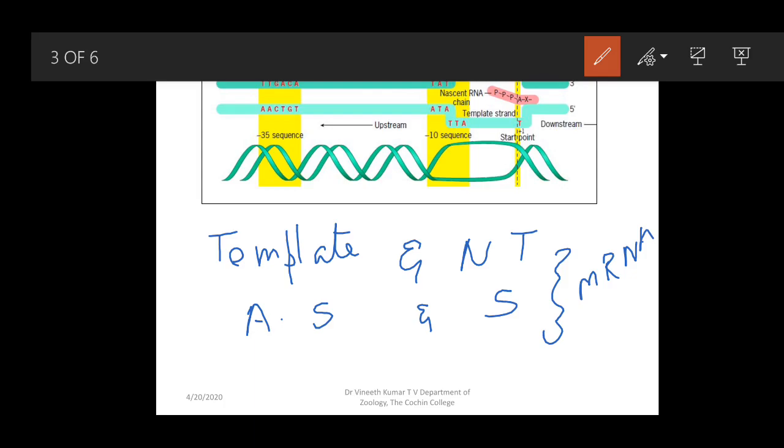And the next was, this is called the non-coding strand, and this is called the coding strand. So the coding strand, sense strand, and non-template strand have a DNA sequence which is similar to that of the mRNA, and hence they are termed sense and coding strand. And the template strand, which is complementary to the mRNA, is called an antisense or non-coding strand, or simply a template strand.